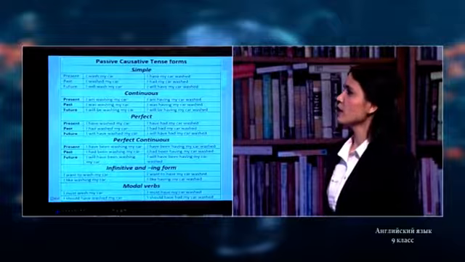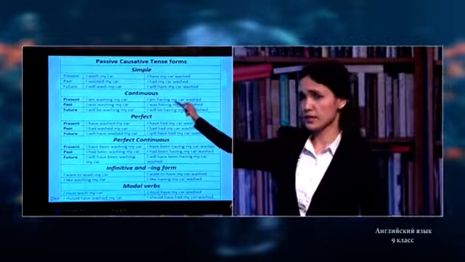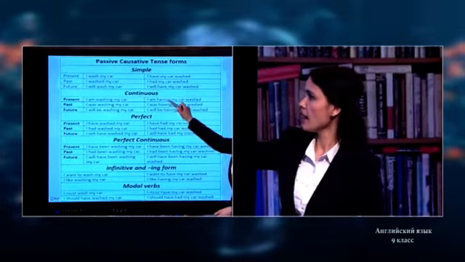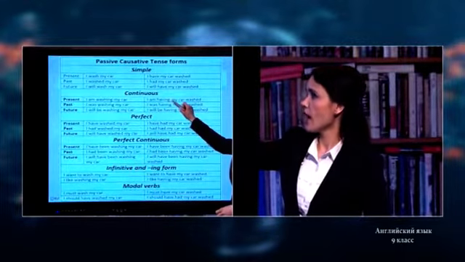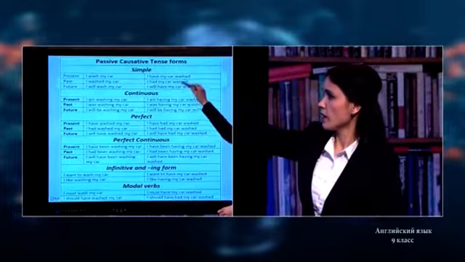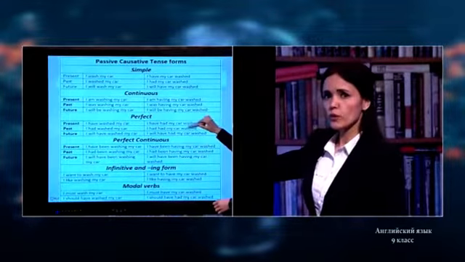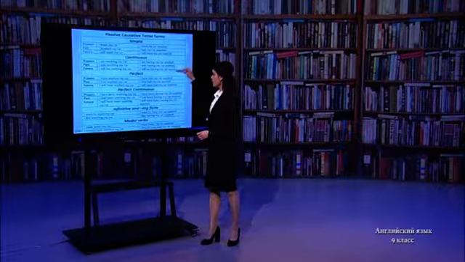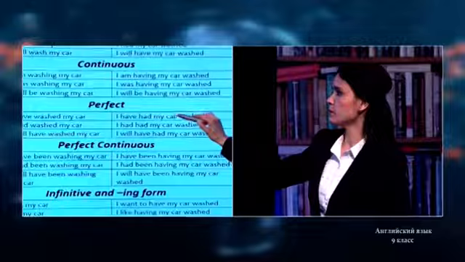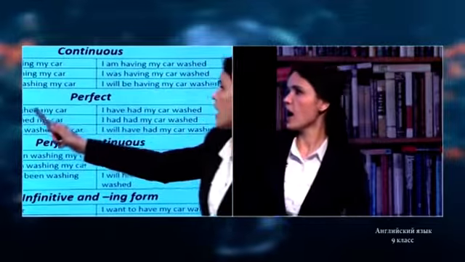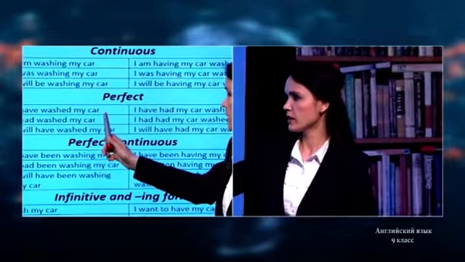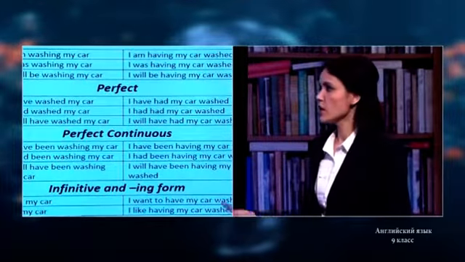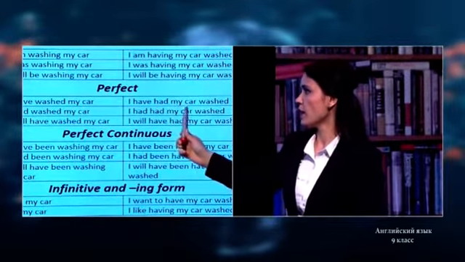For example, if you're going to talk about present continuous, which is in process, you can say I'm having my car washed. In this column, you make your own sentence. For example, I have had my car washed. I have washed my car means you did it yourself. You didn't ask anybody to do it. And in this column, I have had my car washed.